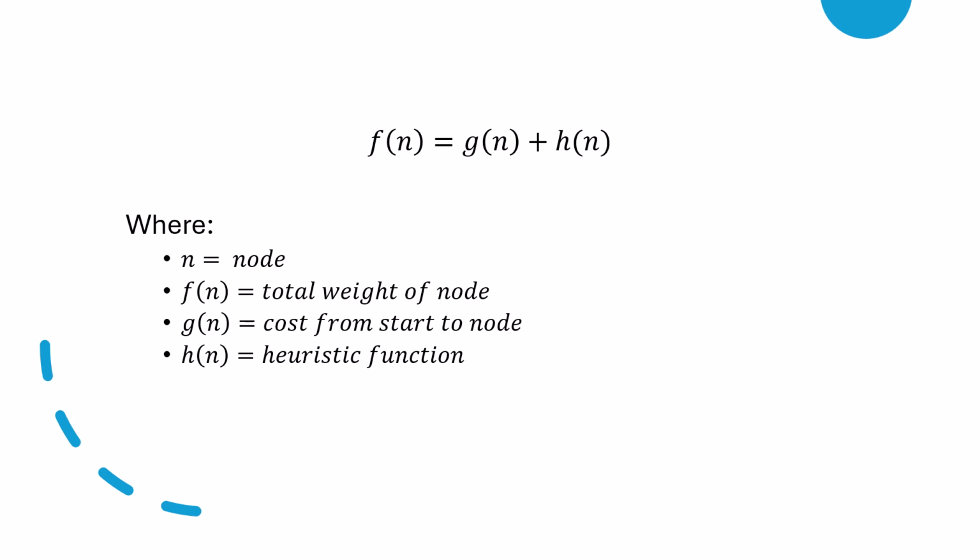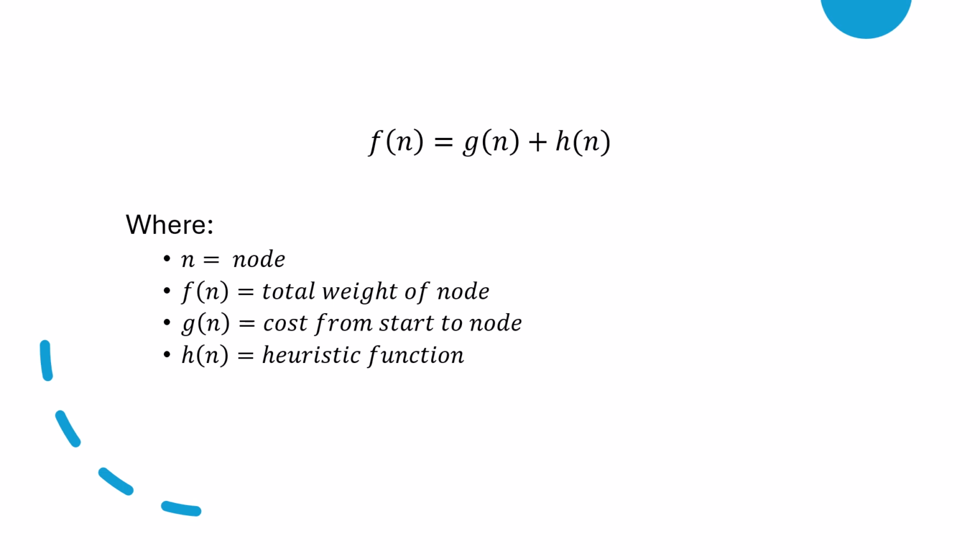So what I've explained so far is also how Dijkstra's algorithm works, but how they differ is right here. It's how you calculate the weight. So if f of n is the total weight of a node, Dijkstra's algorithm only takes into account g of n, which is the cost from the start to that current node.